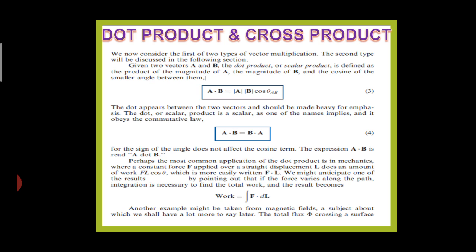Another example might be taken from magnetic fields, a subject about which we shall have a lot more to say later.